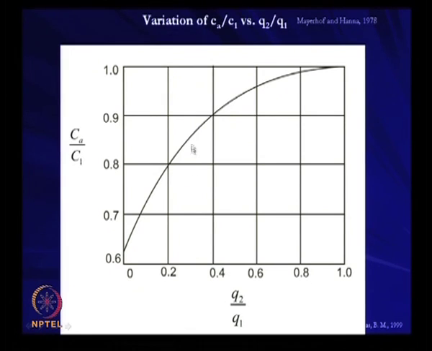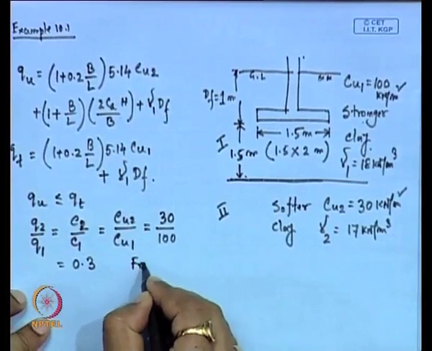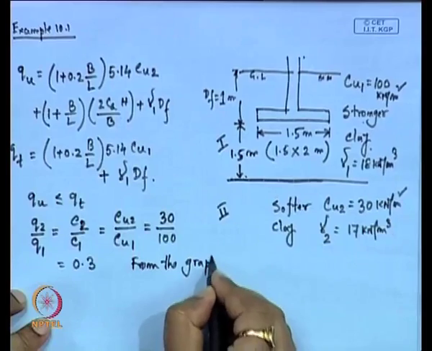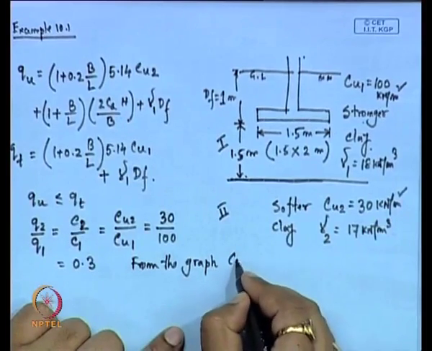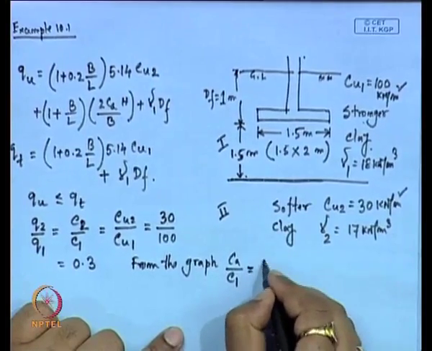So, the corresponding Ca divided by C1 is equal to 0.85. So, this is the value 0.85, which we can read from the graph.